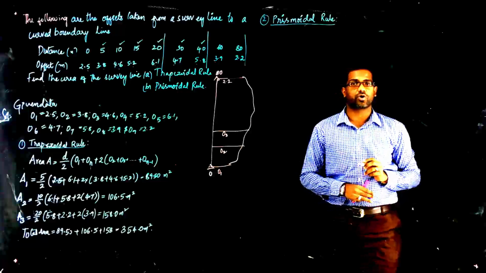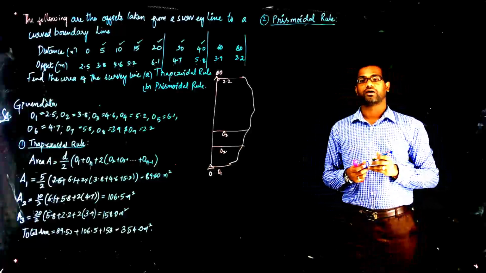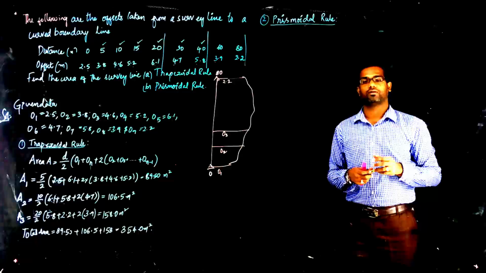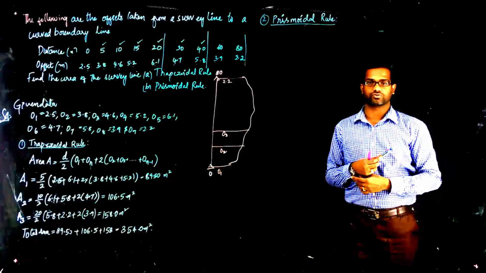Prismoidal rule is also called the parabola rule or Simpson rule.